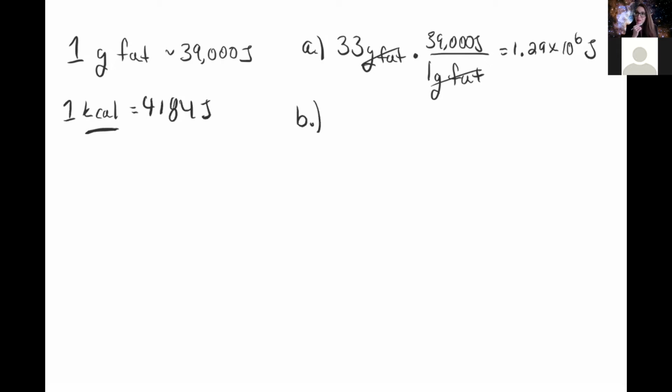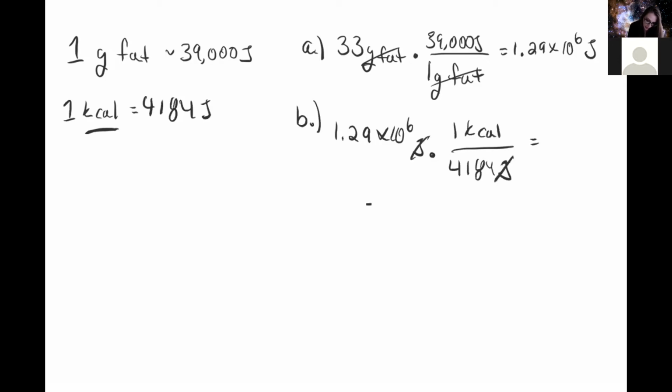So how many kilocalories is this 33 grams of fat? We take our 1.29 times 10 to the 6 joules, and we multiply it by another conversion factor. That conversion factor is 4,184 joules in 1 kilocalorie, okay? The joules cancel.